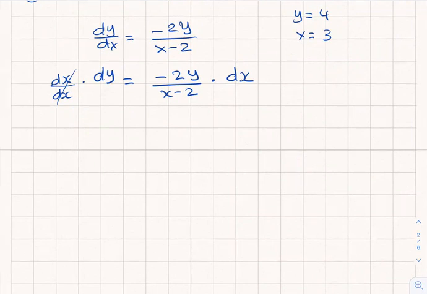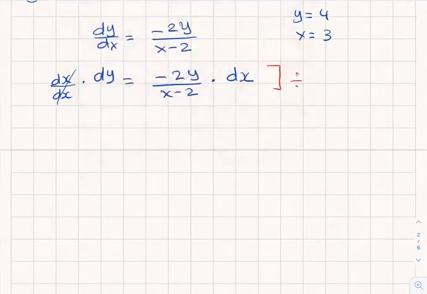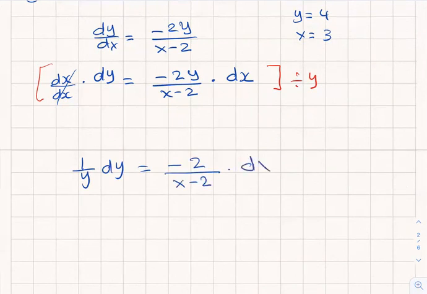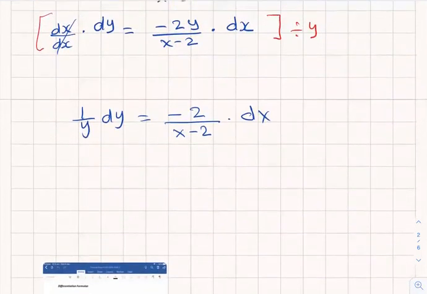As I said, you can divide by 2y or minus 2y, all are the same at the end. So I will divide now by y both sides. So we'll get 1 over y dy equals minus 2 over x minus 2 dx. So now I have the y's on one side and the x's on the other side.